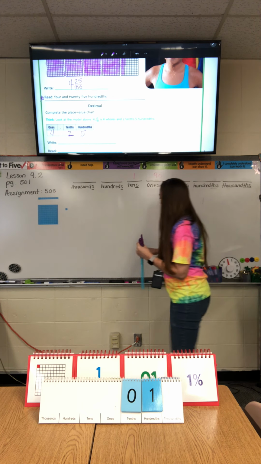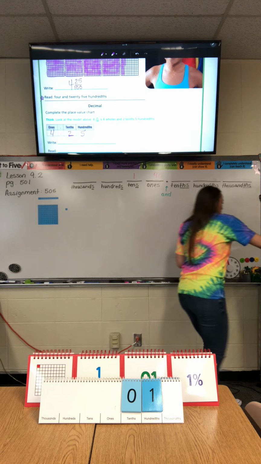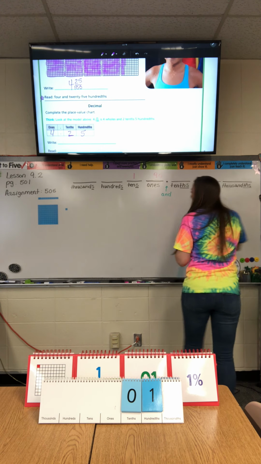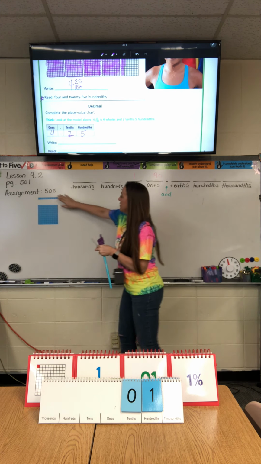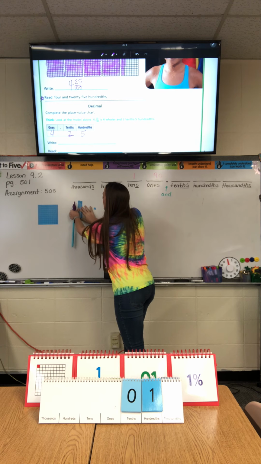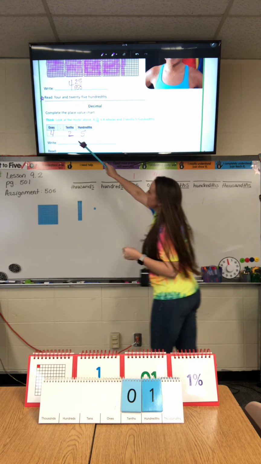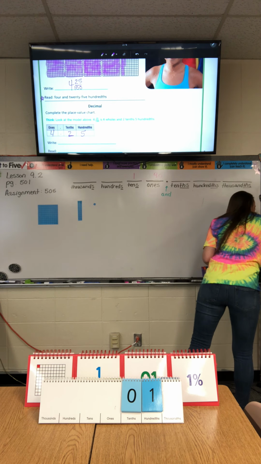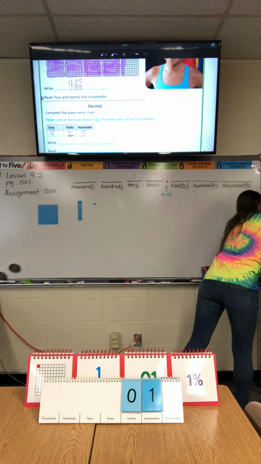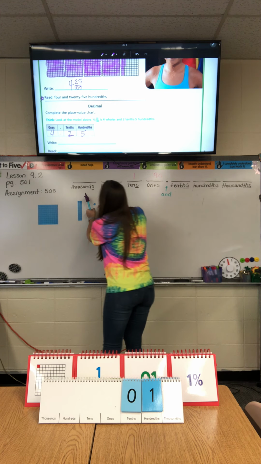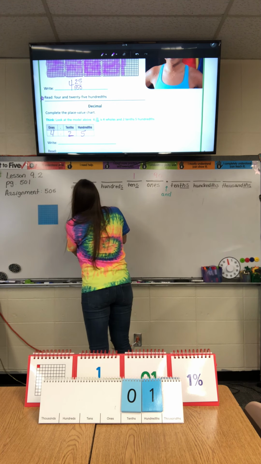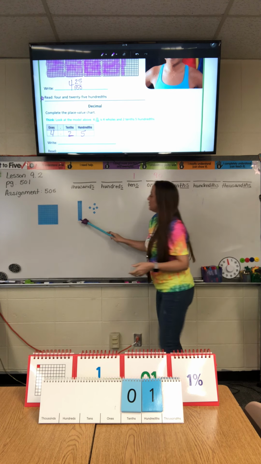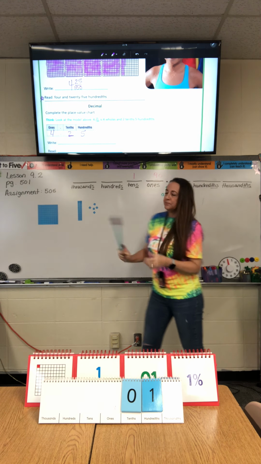Okay, so to get to 25, remember this is a hundredth. So to get to 25, we have 2 tenths, so a 2 in the tenths place, and then 5 of these little guys, the little hundredths. So 25 is made up of 2 tenths and 5 hundredths.